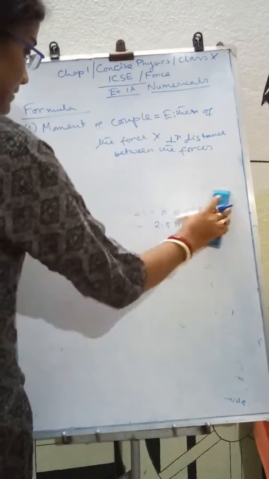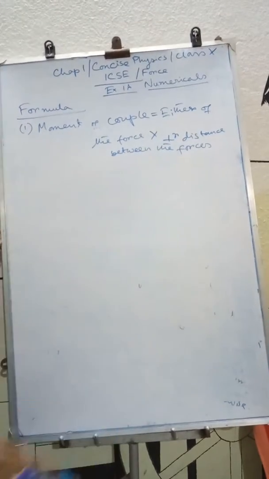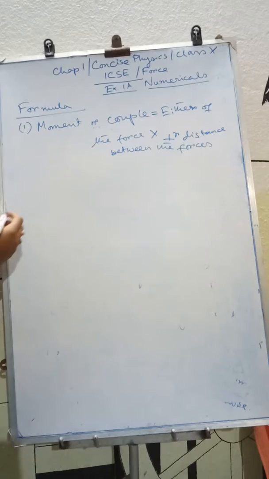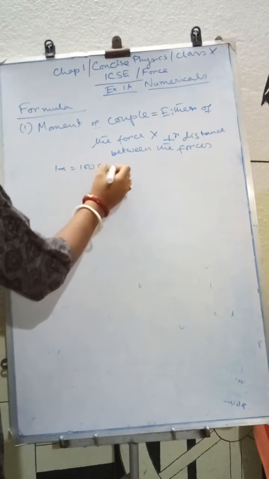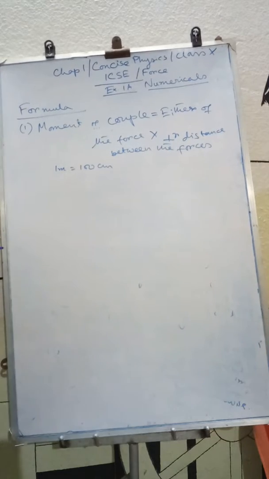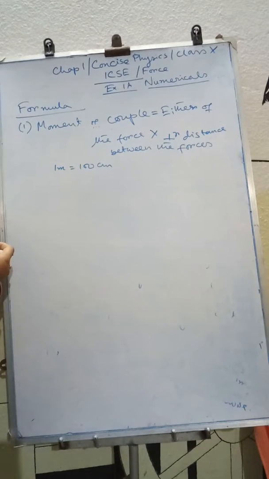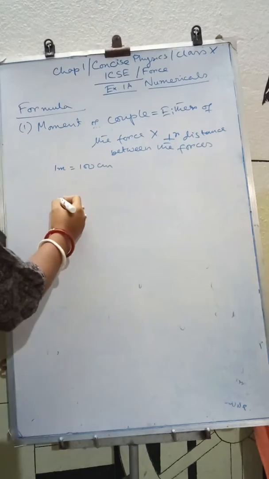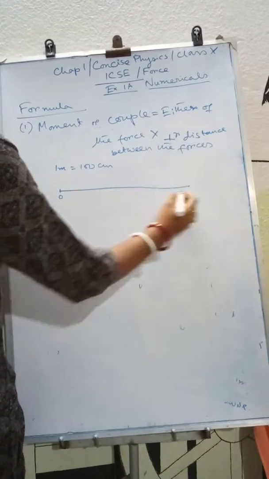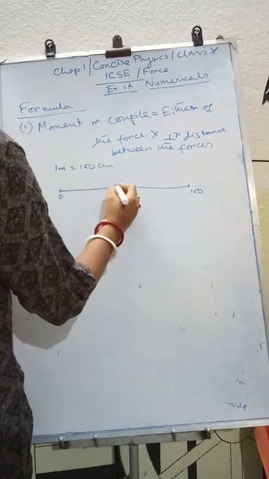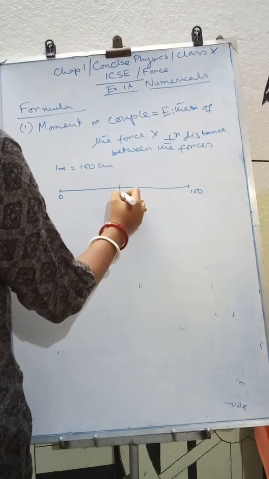Number 8 sum. A uniform meter rule. We know 1 meter equals 100 centimeter. So a uniform meter rule is pivoted at its midpoint. This one is our meter rule.